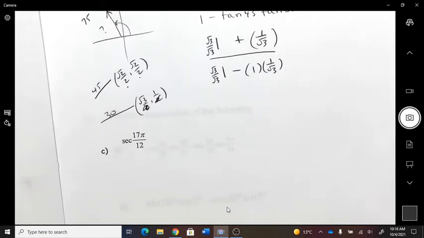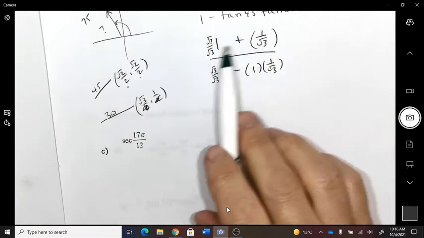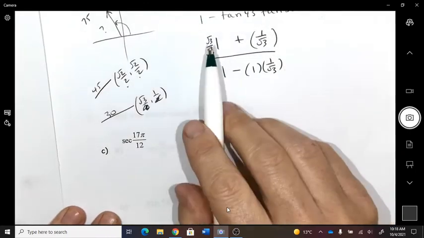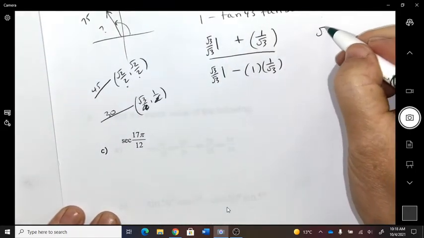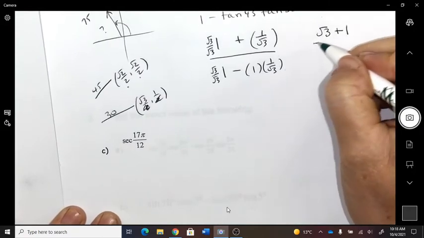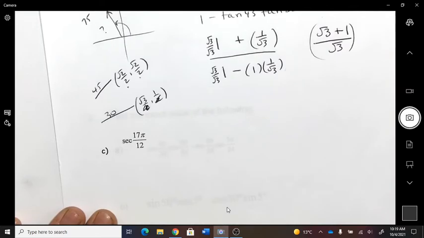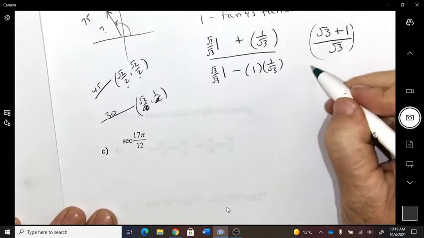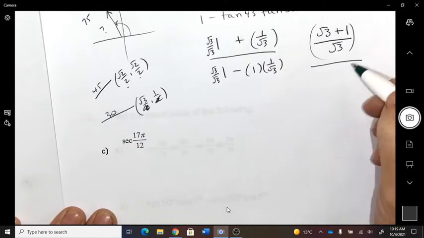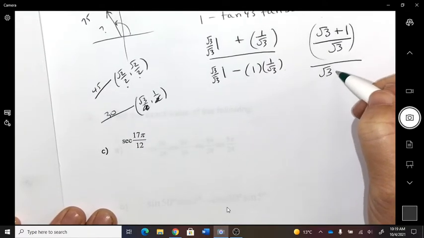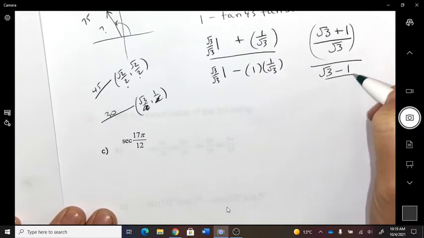So I'm going to add, the bottoms are the same now. So this is root 3 plus 1 over root 3. This is root 3 minus 1 all over root 3.